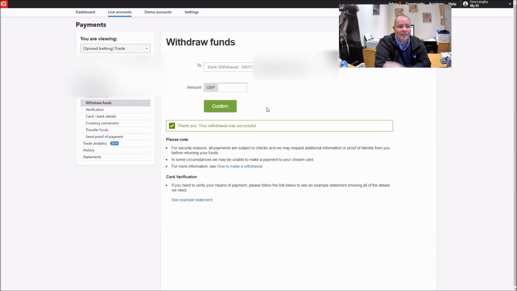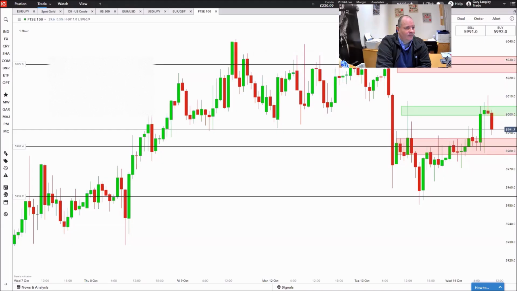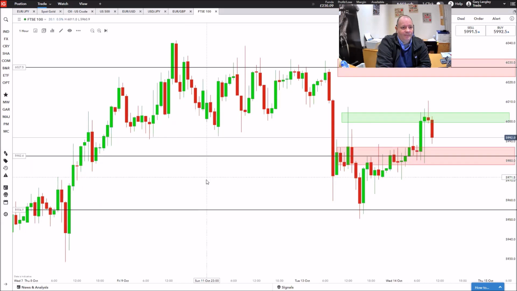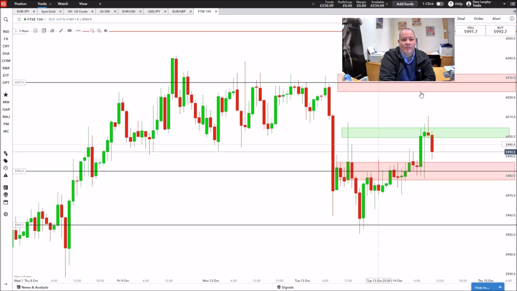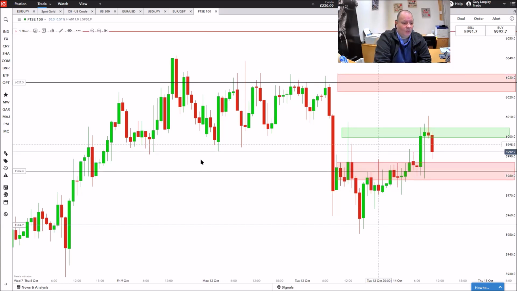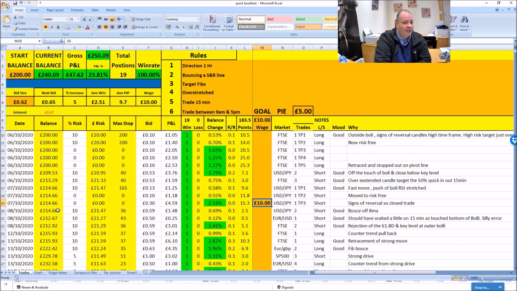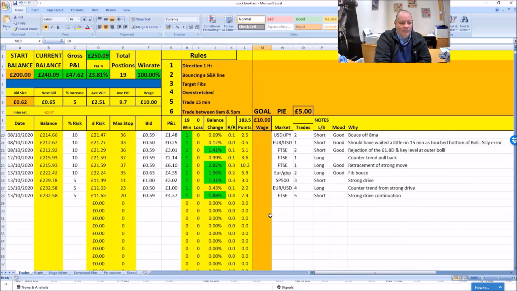Bear with me a second and I will go back into the screens. There we go. As you can see, that's now dropped down by £10. On the sheet, every time you do it, we note the day.